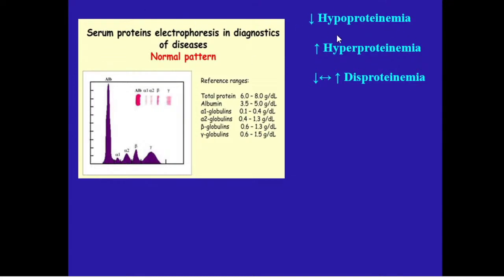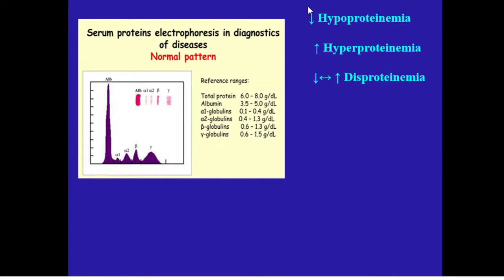Understandable that hypoproteinemia is a decreased total quantity of proteins. Actually, our norm in our country is 65 to 85 grams per liter. Yeah, 60 to 80. In our MCQs, be careful, there will be 65 to 85.